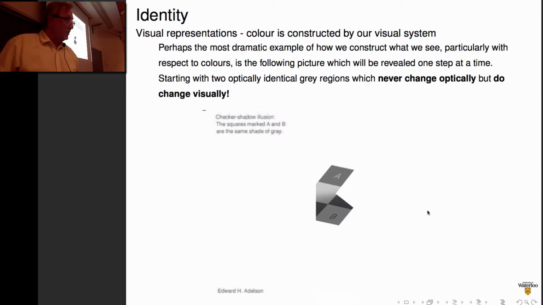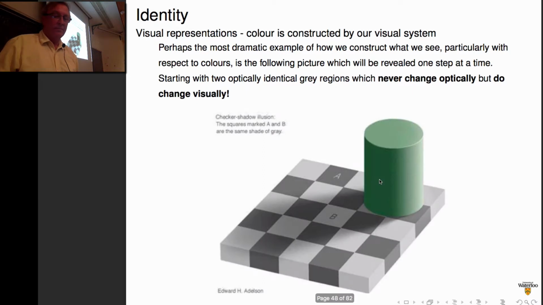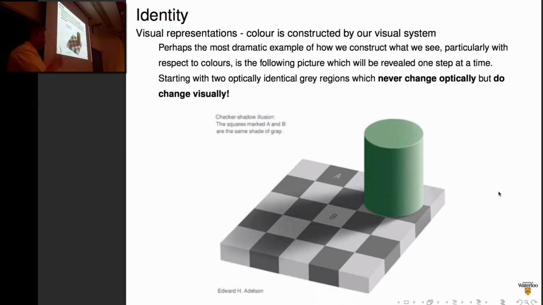Those grays have not changed. This is still the same gray as that gray. Nothing has changed. I'm just revealing some things. It's more and more of the checkerboard. The A square and the B square are optically identical grays. If you put a meter on it, it's exactly the same gray. What's going on? Well, the B is in shadow.